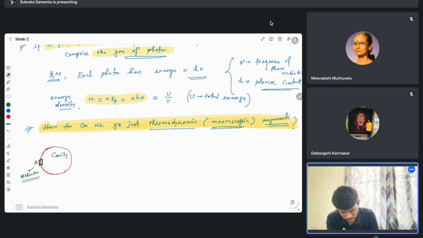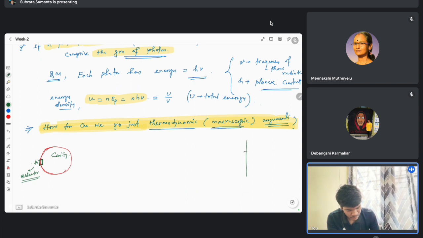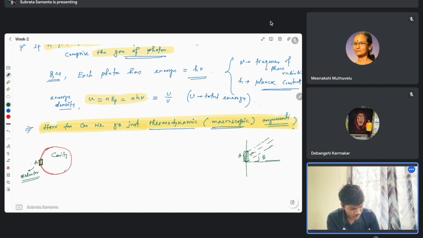So as we studied in the first few classes, suppose there is a wall, and we consider a small part of this wall with area A, and the gas hitting this particular area at an angle theta to the normal.